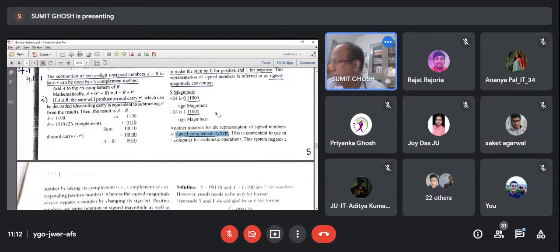Is it clear? Yes, sir. There are two ways to represent a sign.